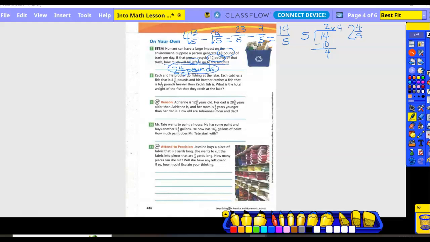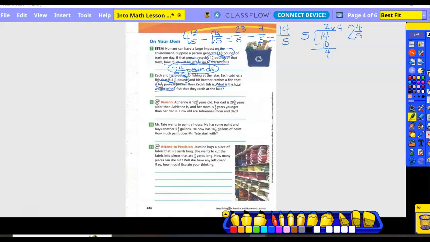Number 8, Zach and his brother go fishing at the lake. Zach catches a fish that is 4 and 5/12 pounds, and his brother catches a fish that is 6 and 2/12 pounds heavier than Zach's fish is. What is the total weight of the fish that they catch at the lake? So 4 and 5/12 pounds, 6 and 2/12 pounds.